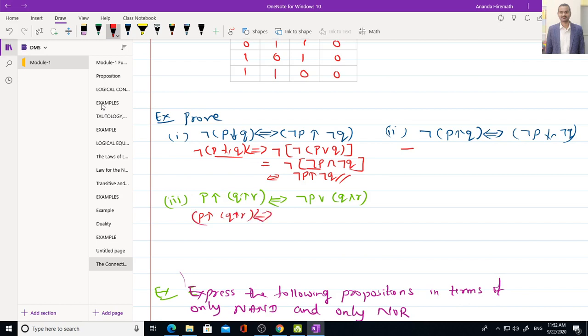First let us try to solve this NAND. It means not and, not P and this entire thing. Let us take this as U and this as V. So let us write Q NAND R.